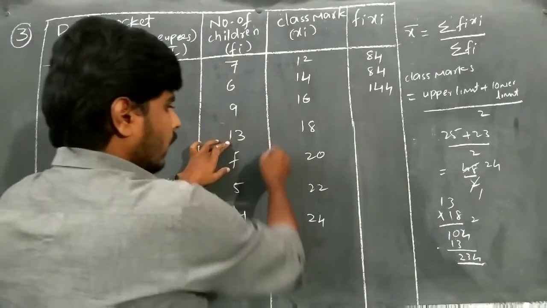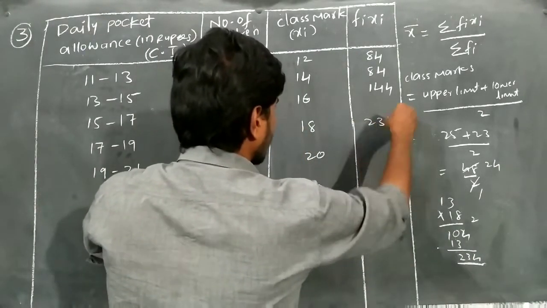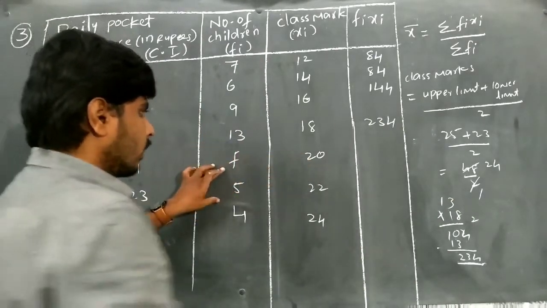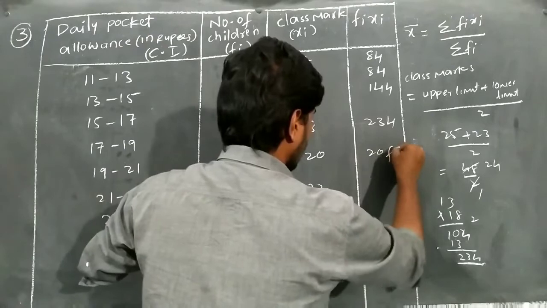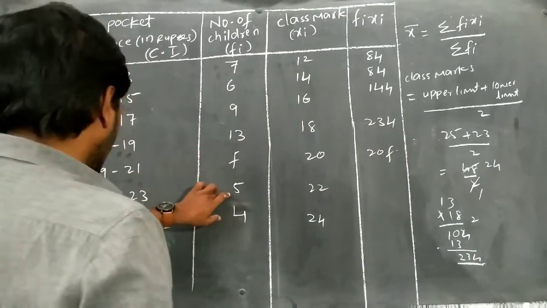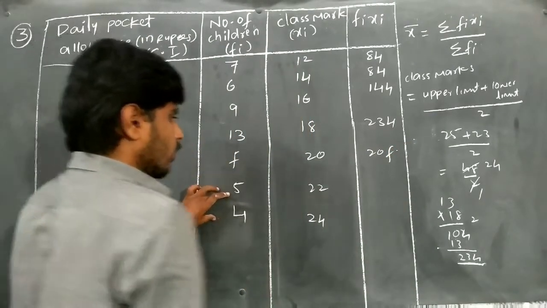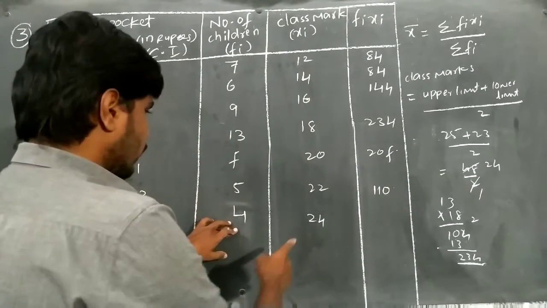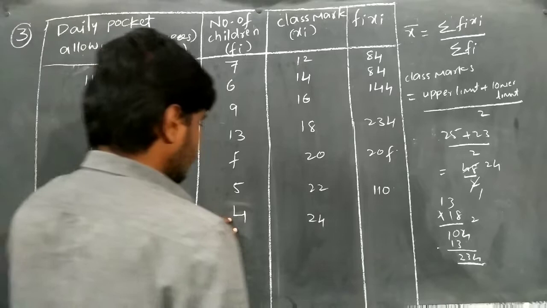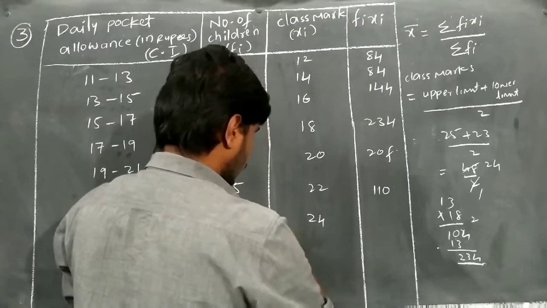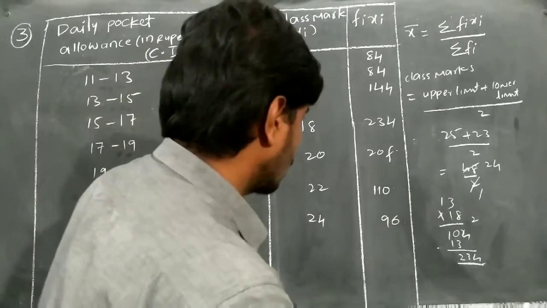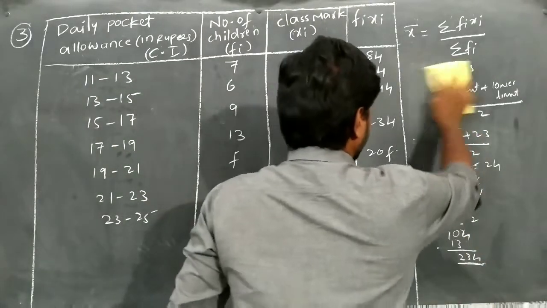So 13 into 18 is 234. Next, f into 20, it becomes 20f. Next, 22 into 5 is 110. 24 into 4, 4 fours are 16, 4 twos are 8, it becomes 96. So we got the fi xi values here.